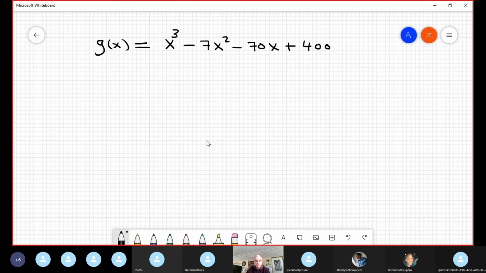The first step is the famous plus or minus p divided by q. But this is crazy because p is 400 and we have a lot of combinations. Completely useless. Because it's 1 and 400, 2 and 200, 4 and 100. This is crazy. So sometimes we cannot apply this. So let's go directly to Desmos.